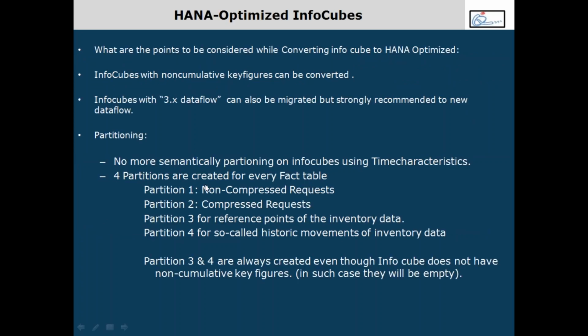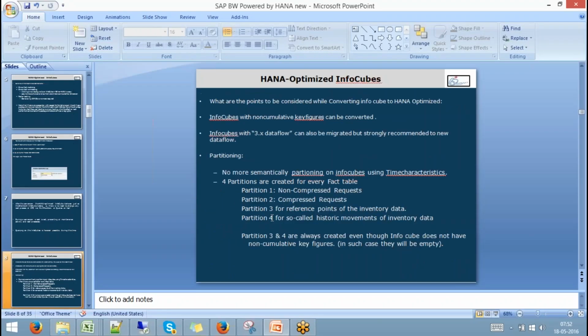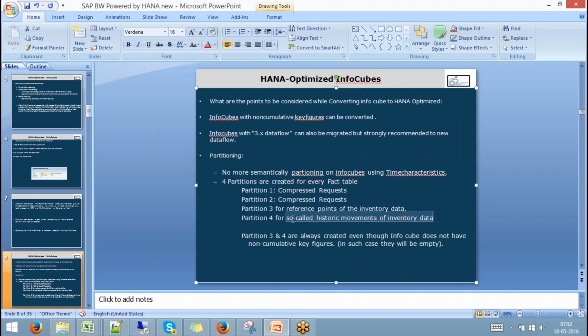And this I told you about partitions. The partition numbers here are not correct. Actually, partition number 1 is compressed. Partition number 4 is uncompressed movements.